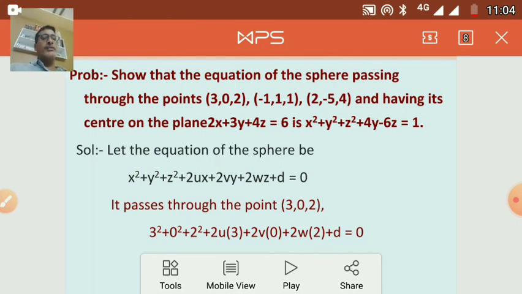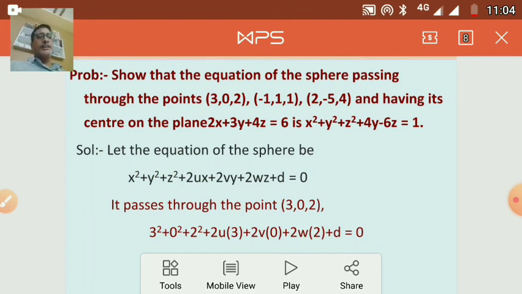Obviously you will get 4 different equations in the terms U, V, W and D, and by solving these 4 equations you will get the values of the required parameters. To solve the 4 equations, there may be many possible ways, but out of all these methods, the matrix equation method is the simplest and also the shortest.